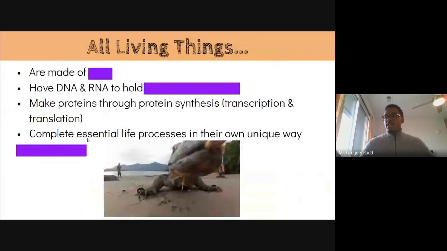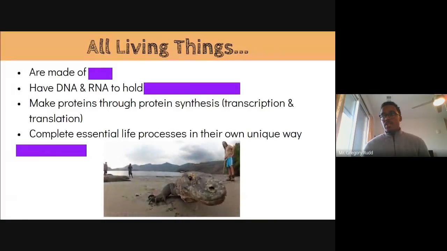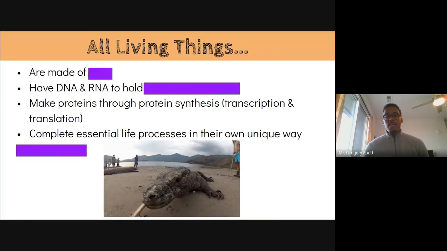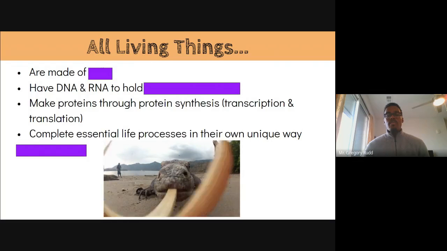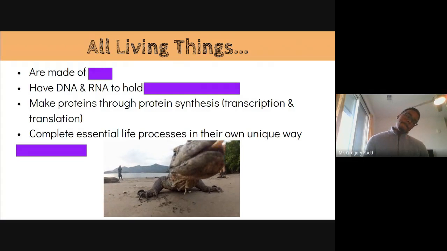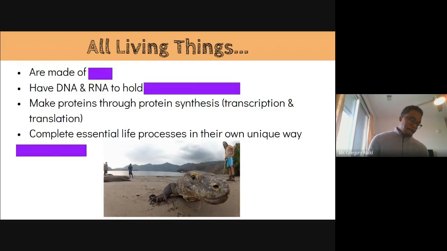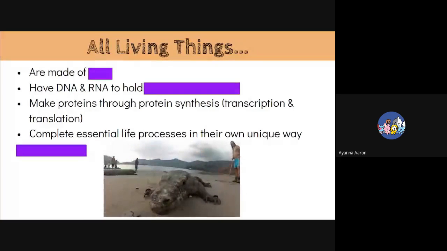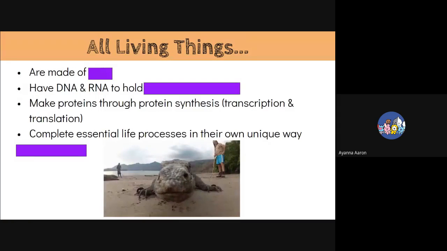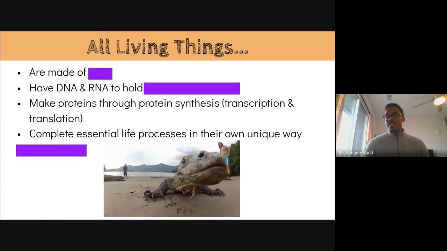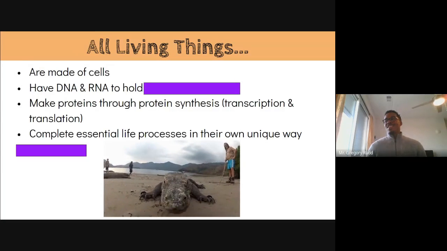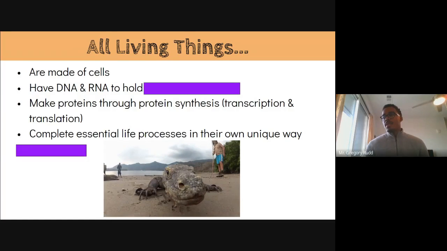All right, so going back to Unit 2, all living things are made up of what? What's the basic unit of life? DNA. Okay. Oh, no, cells. Good. Thank you. All living things are made up of cells.